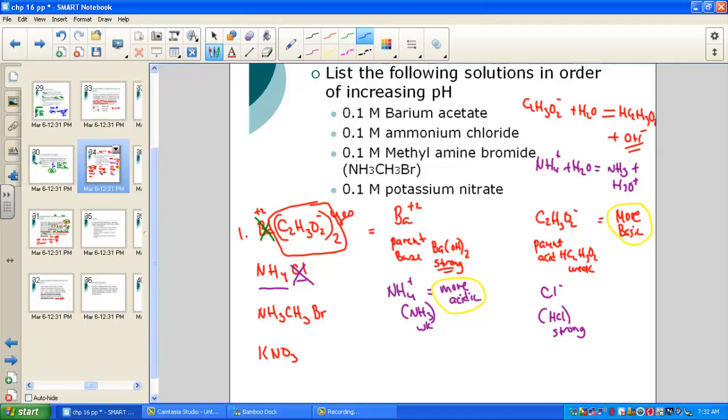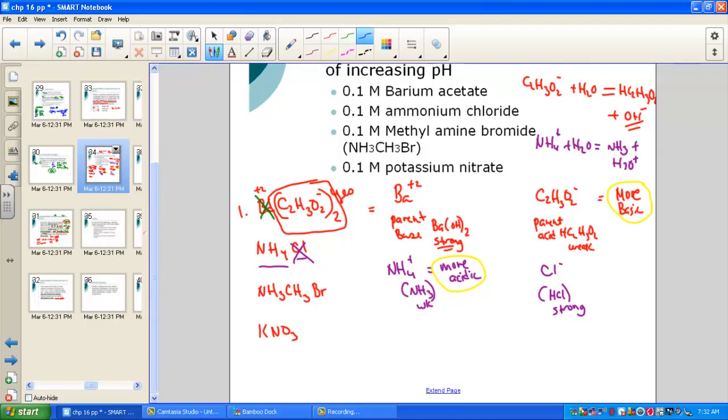Methylamine bromide. The positive ion here is NH3CH3 plus, and the negative ion is bromide, Br negative. Well, right off I can know this one. I'm noticing its parent, HBr, is strong. And if the parent is strong, we know no effect.